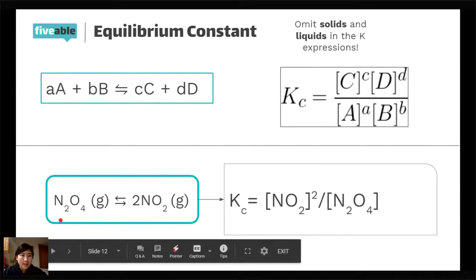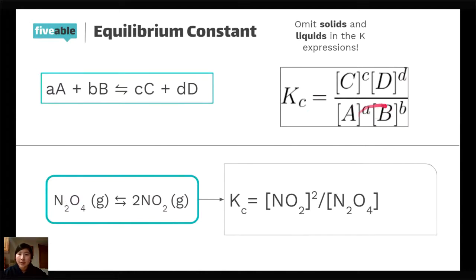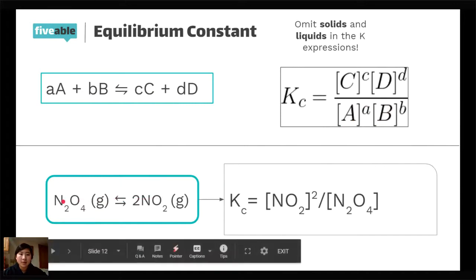We can see that it's N2O4, right? So the reactants go on the bottom, so you put N2O4 here, on the bottom, and then you look, is there any coefficient in front of the molecule? You can see that there's no coefficient.